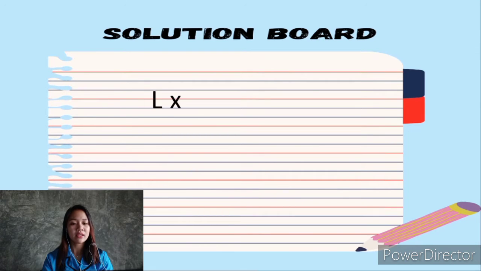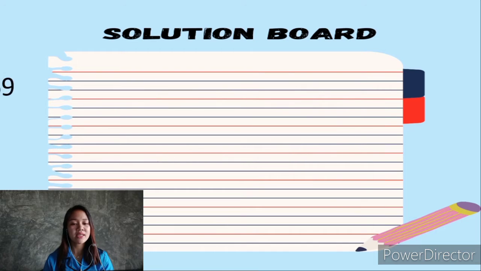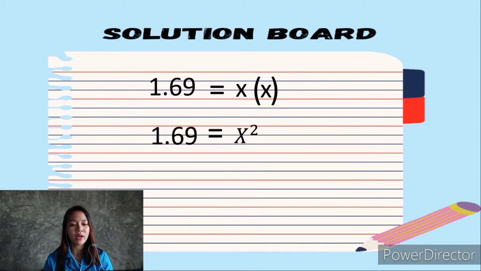So, length times width is equals to 1.69. Since 1.69 is a product of length and width, we can make the same variable like x times x. So, 1.69 is equals to x times x. So, x times x is equals to x squared.